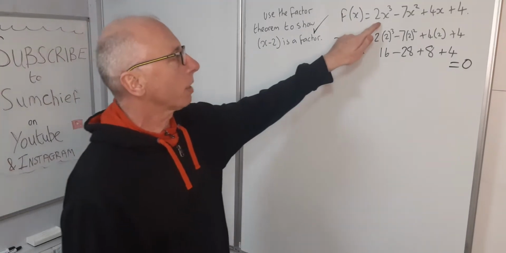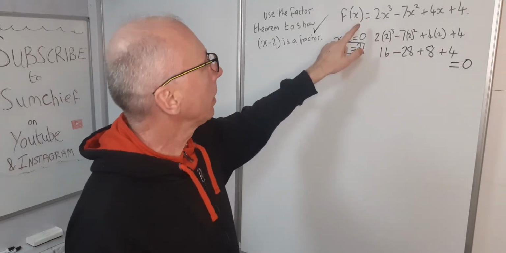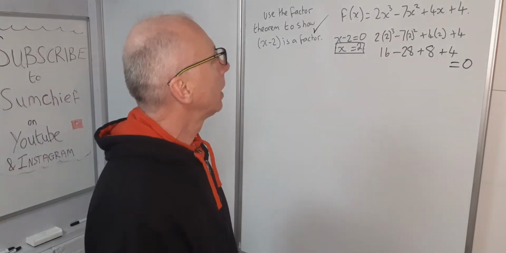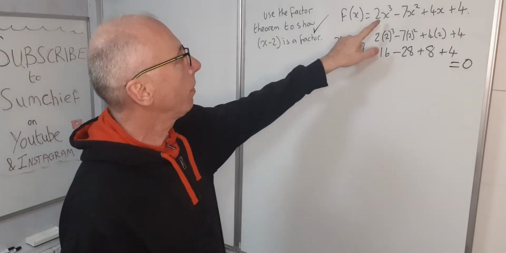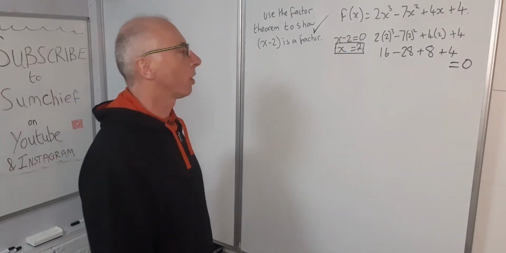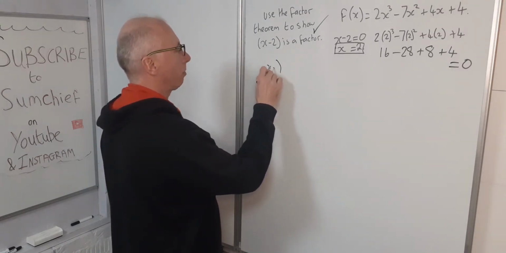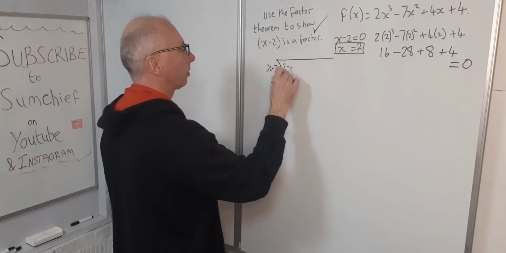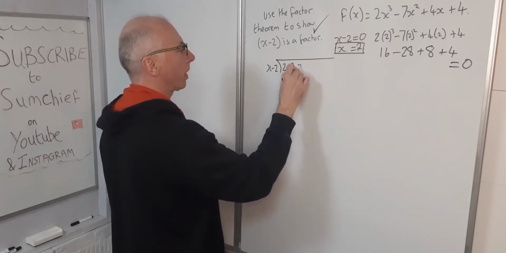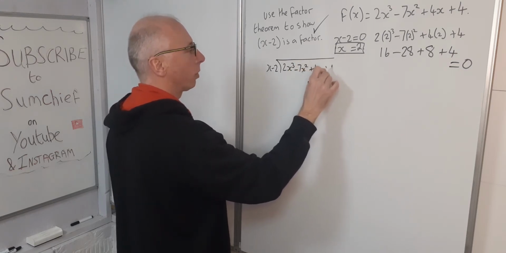So now that we know that x minus 2 is a factor, can we fully factor this out? So how are we going to go about that? If we know x minus 2 is part of it, what we can do is polynomial long division. So let's start with that. So x minus 2 into 2x cubed minus 7x squared plus 4x plus 4.